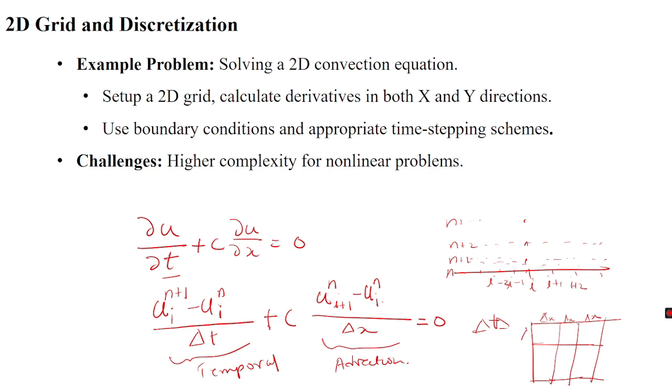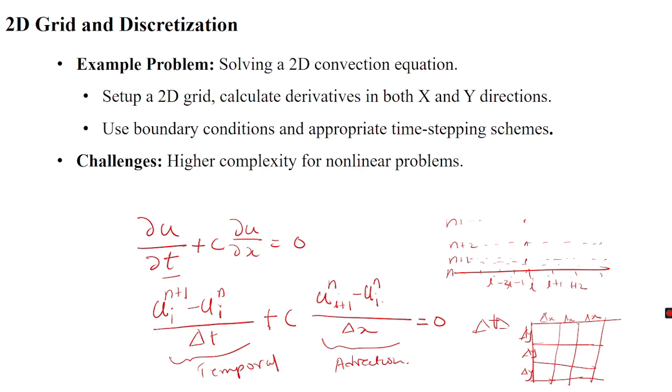Accordingly this will be delta y, this also delta y between the two nodes, and this also delta y. So it will be the same if we are defining the finite difference method. This is the basic form of the finite difference equation for a higher dimension problem like 2D.